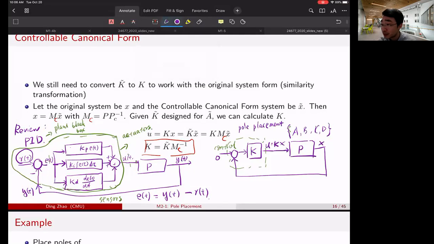And here is a plus or minus, written similar to what is on this side. Because we have this minus sign here, now the K becomes minus K.